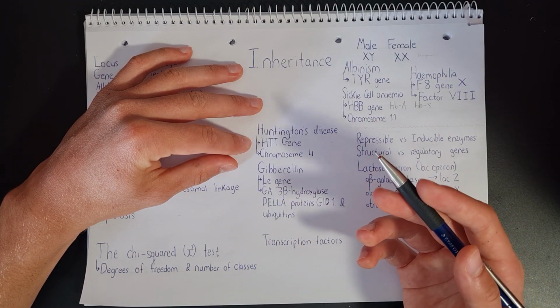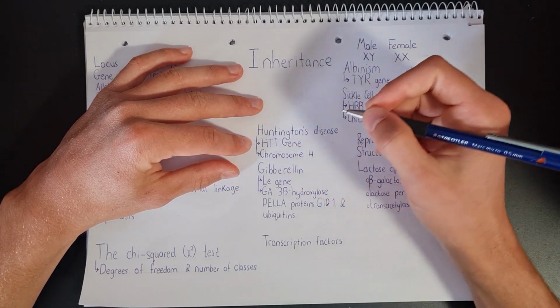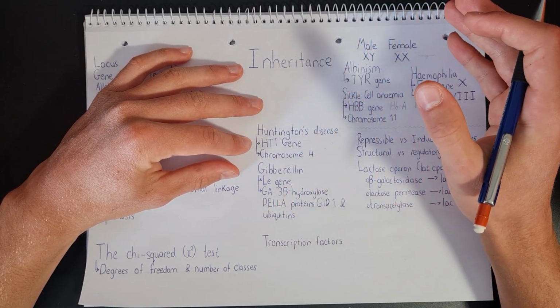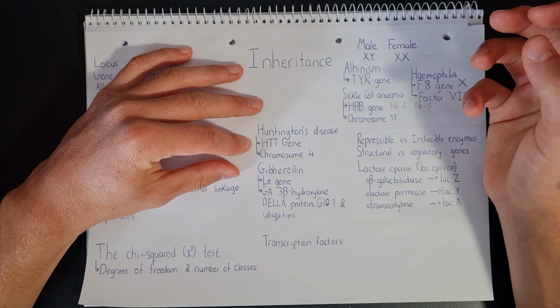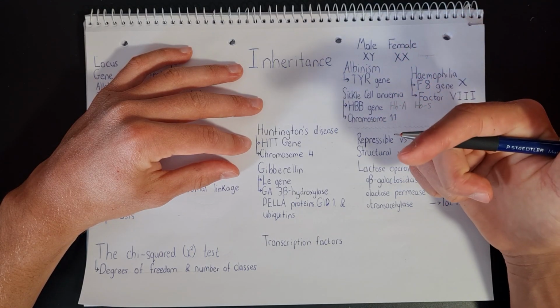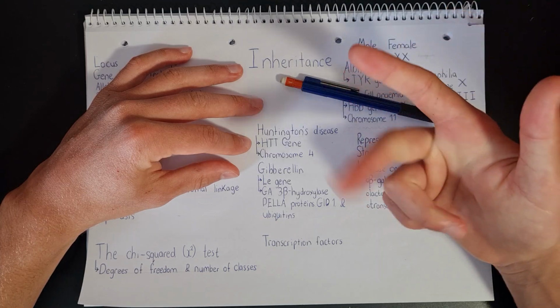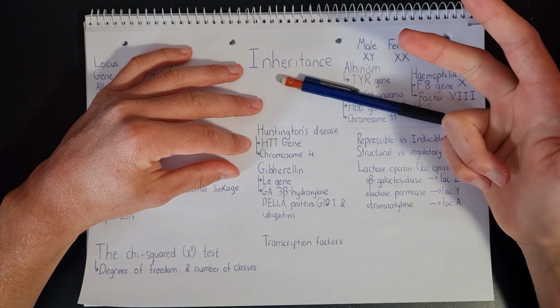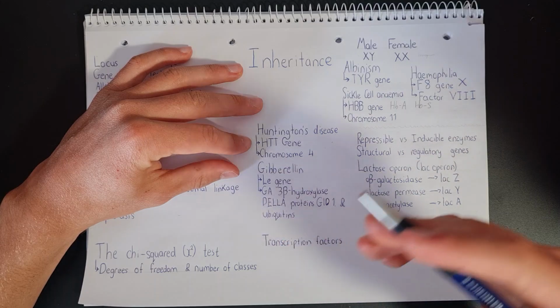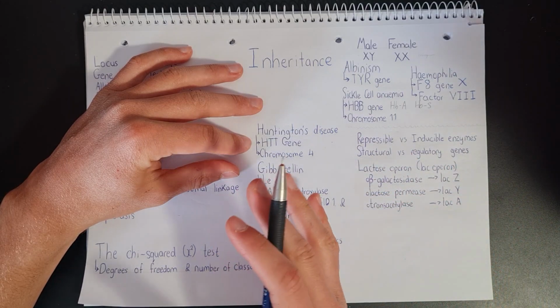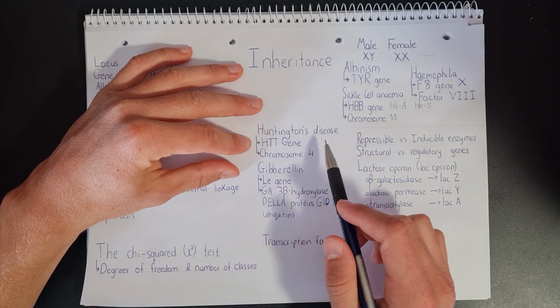Huntington's disease results in the progressive deterioration of brain cells, and this will therefore affect motor function, cognitive function, behavioral function, etc. So the more repeats that there are of that glutamine amino acid, the more severe the symptoms of Huntington's disease will be.